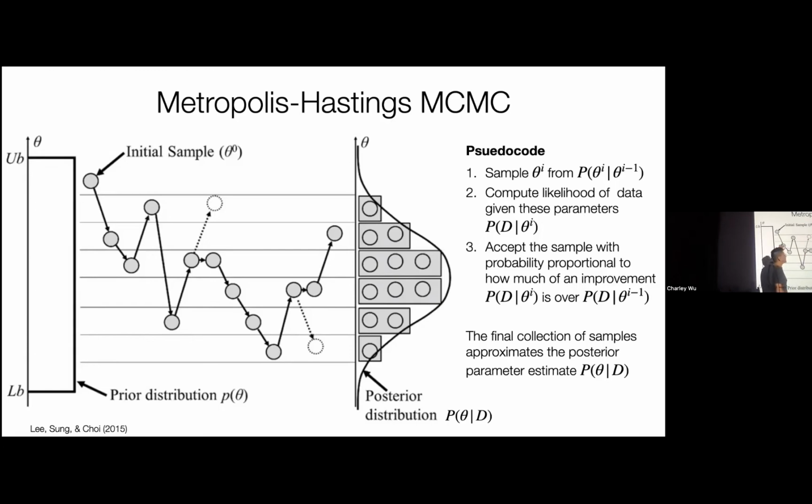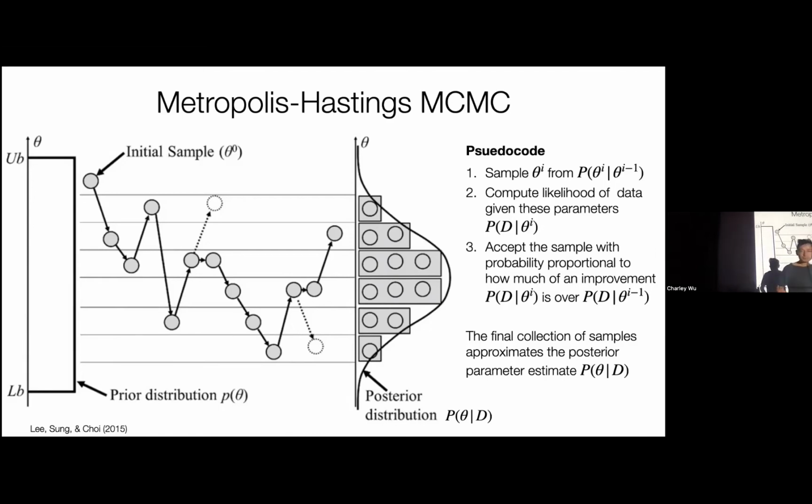If this new sample has a better likelihood, right, lower negative log likelihood, lower log loss, then it's a better fit, and we're more likely to accept it. We still sometimes accept it if it's worse, but we're more likely to accept it if it's better. An example of a sample that was rejected is this unfilled dot, where the model took another sample instead and then accepted this one.